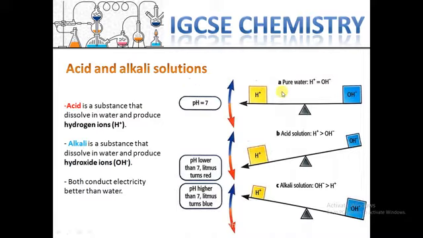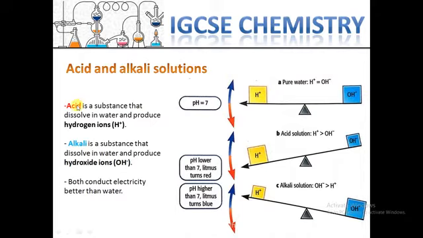And as we learned before, the pH of pure water is 7, and this is because the hydrogen ions and hydroxide ions, these two numbers, are equal and very few.